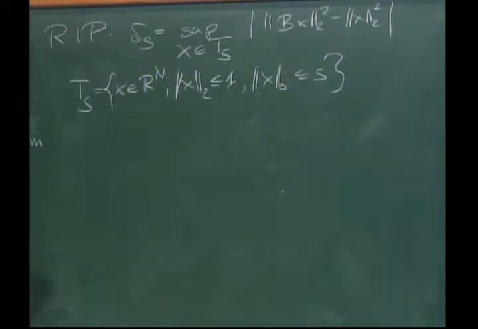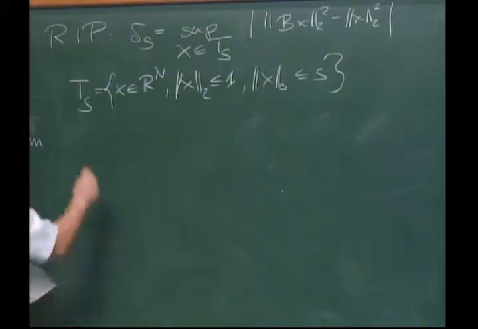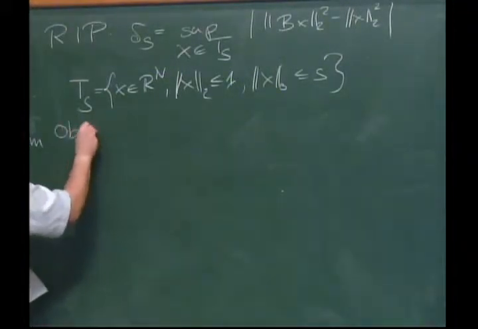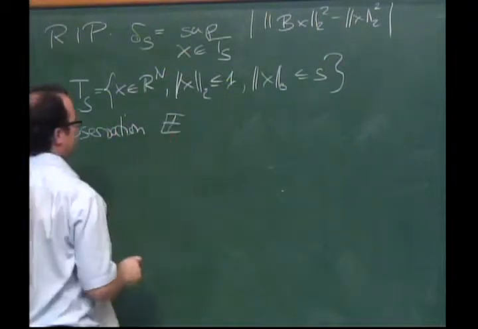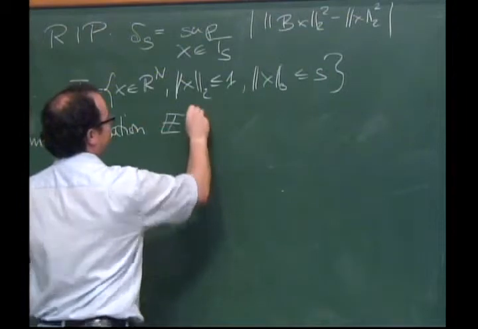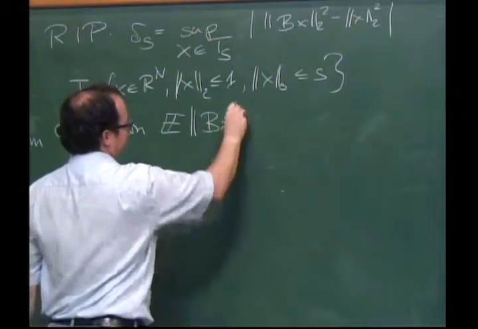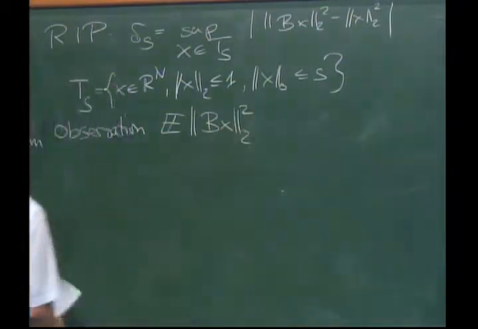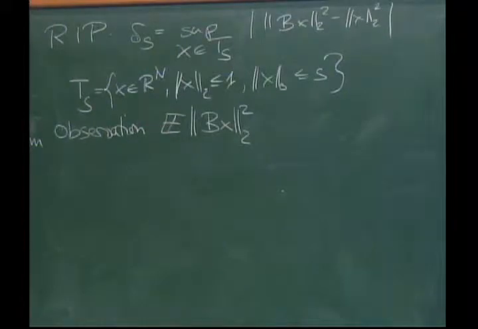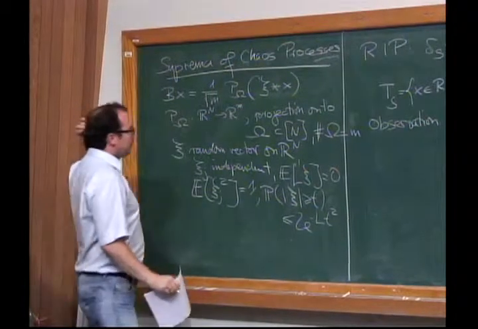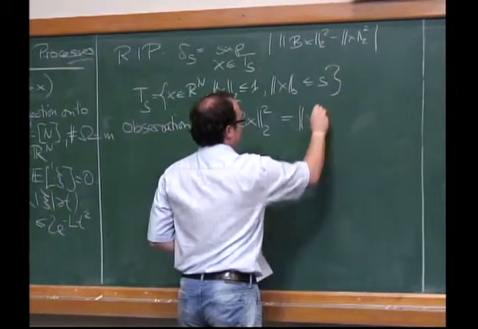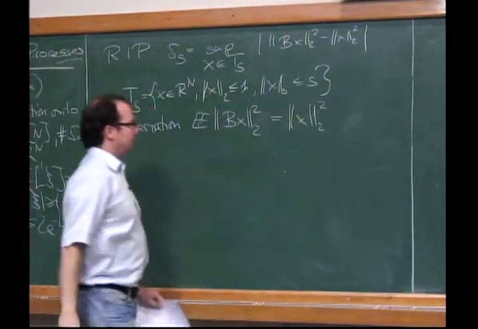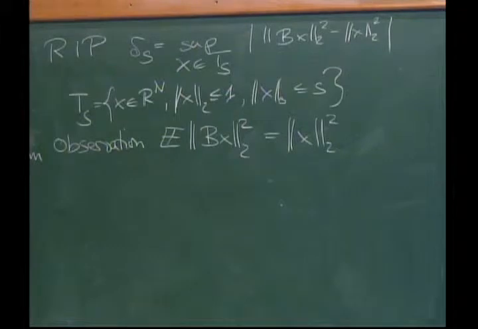And now for our case, the first observation is if we take the expectation of Bx for this type of matrix, then we actually get the 2 norm of x squared.